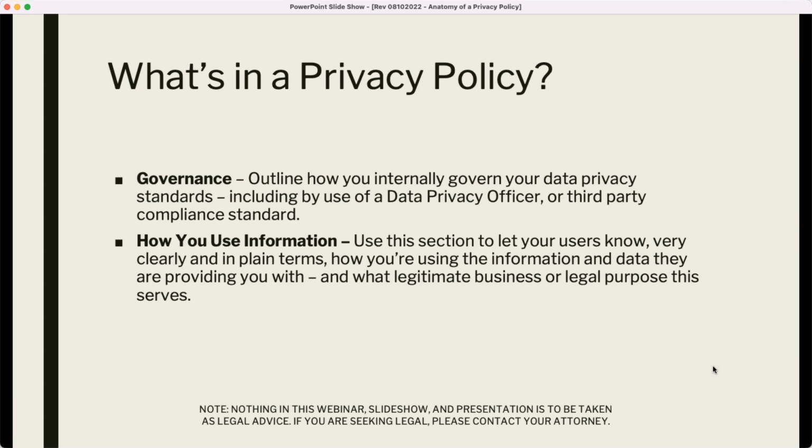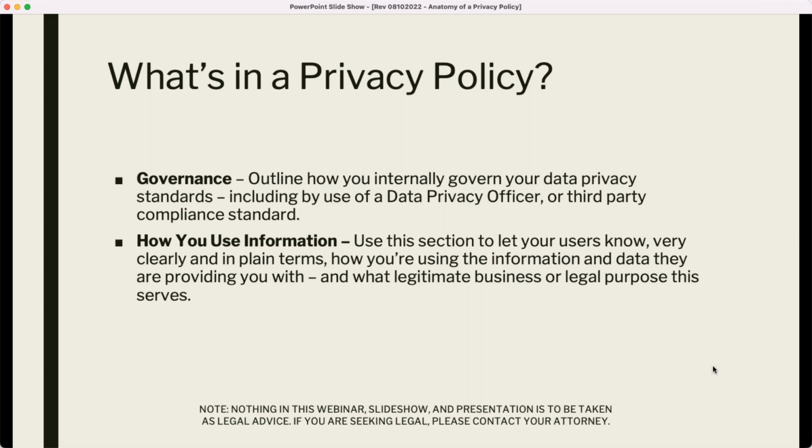Next is how you use the information. So in addition to telling people how you're collecting data, you should be telling people how you're using the data. So use this section to let your users, your visitors know very clearly and in plain terms how you're using the information and data they are providing you with, and what legitimate business or legal purpose this serves.